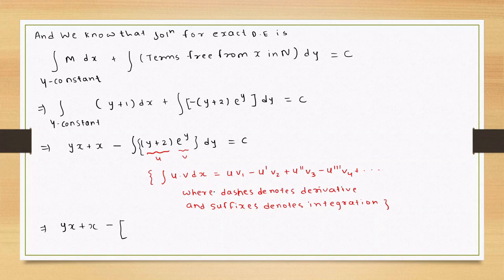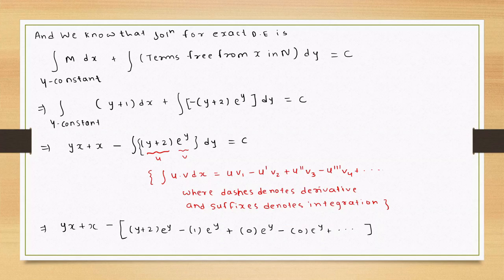According to the formula, we write u as it is: (y plus 2) into v1, that means the integration of e raised to y, minus u', that means the derivative of (y plus 2) is 1, into v2. v2 means the integration of v1, so the integration of e raised to y is e raised to y, plus u'', that means the derivative of 1 is 0, into v3, that means the integration of v2, so it is e raised to y, minus 0 into e raised to y and so on.